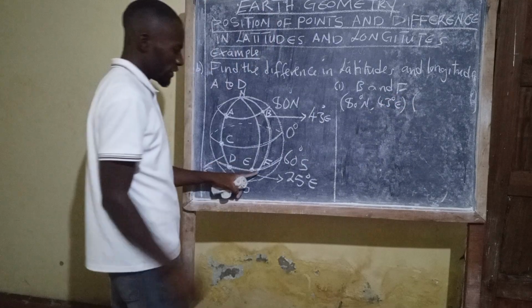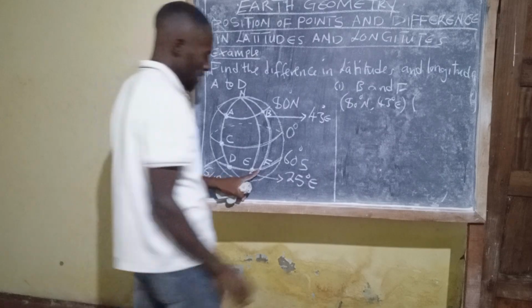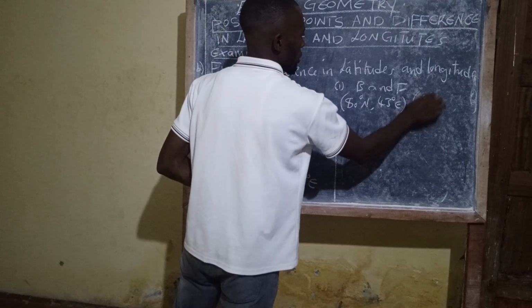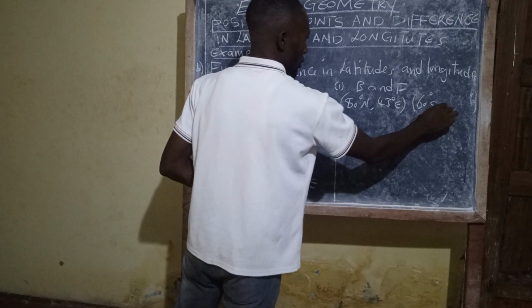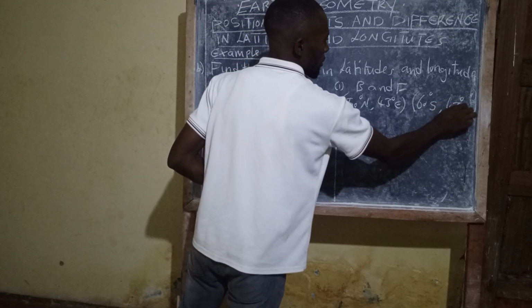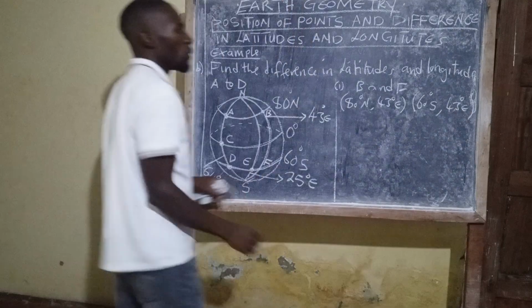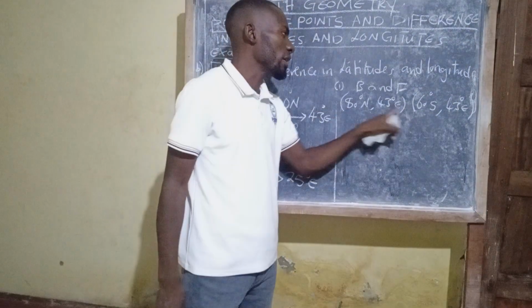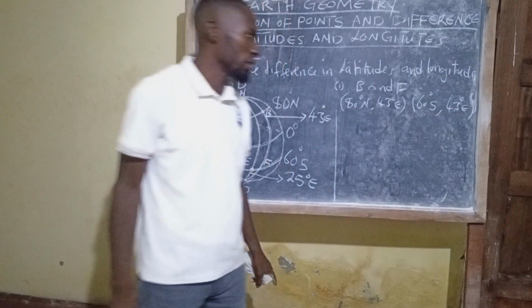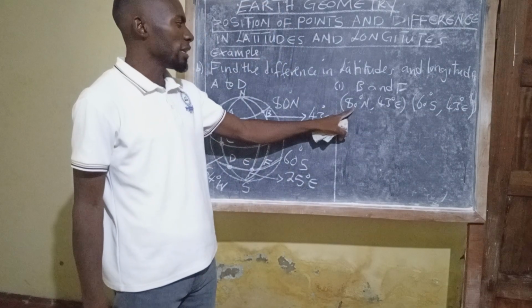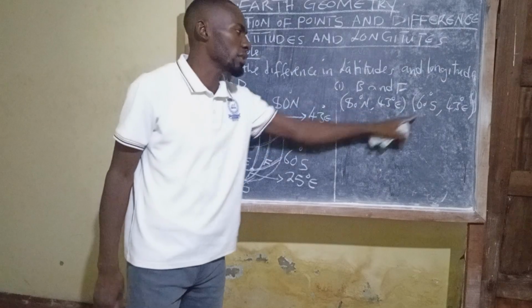Then the other point here, which is point F, is lying on 60 degrees south, 43 degrees east. So when you look at this, they are sharing the same longitude, which is 43 degrees east. So what are you supposed to find? You are supposed to find the difference in the latitudes.